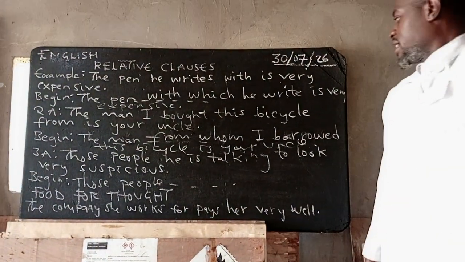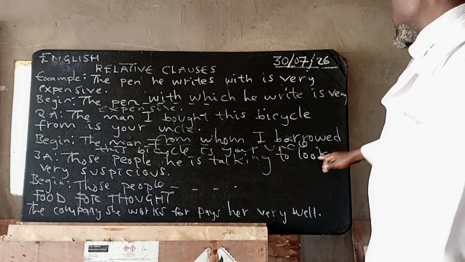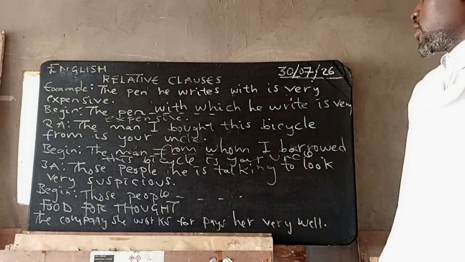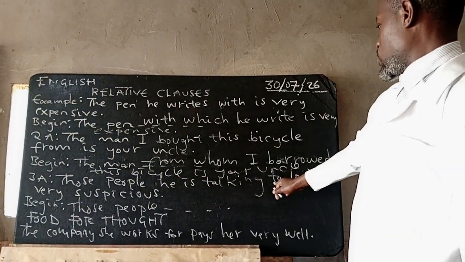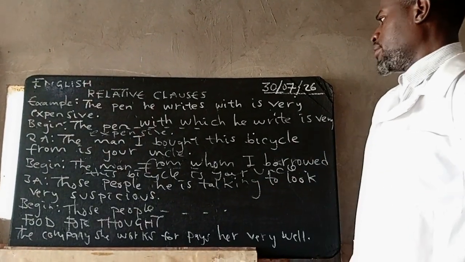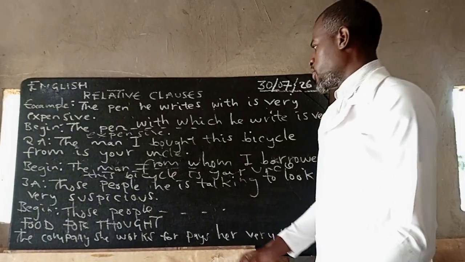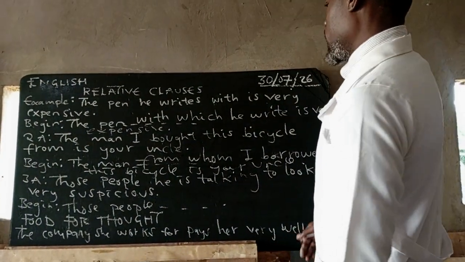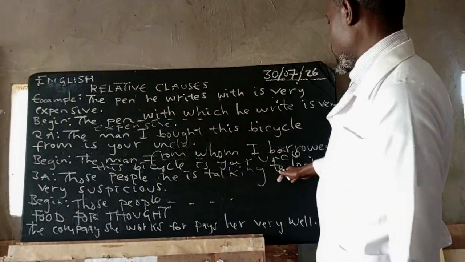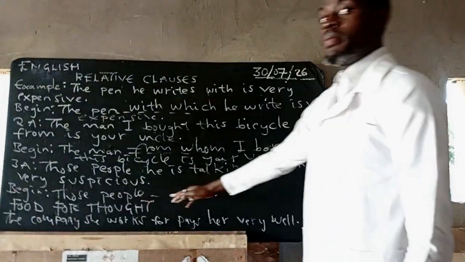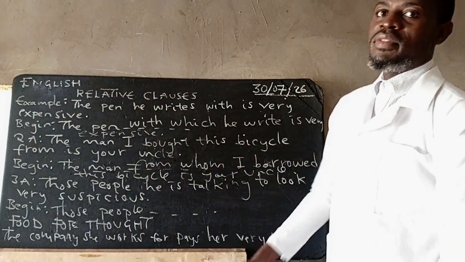So look at the last one. Those people he is talking to look very suspicious. So what is the preposition here? We start with those people, which is the subject. What is the relative pronoun we use? We can use whom. But we start with the preposition first. So we say: those people to whom he is talking look very suspicious.